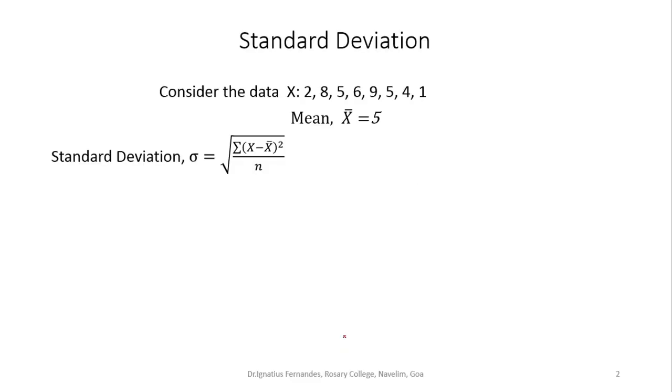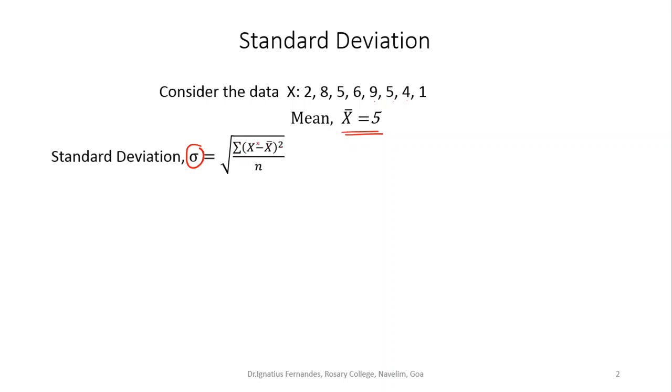Let's say, for example, consider the data 2, 8, 5, 6, 9, 5, 4, 1, whose mean we have already found out. The mean is 5. Then the standard deviation, this is the formula. Standard deviation is denoted by sigma, and it is equal to the square root of the sum of (x minus x bar) squared, divided by n.